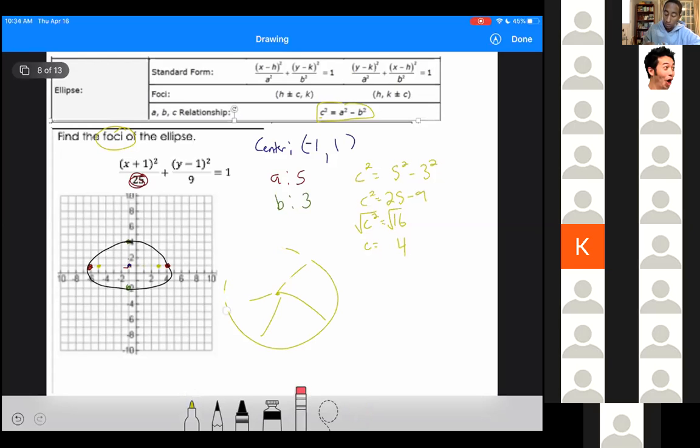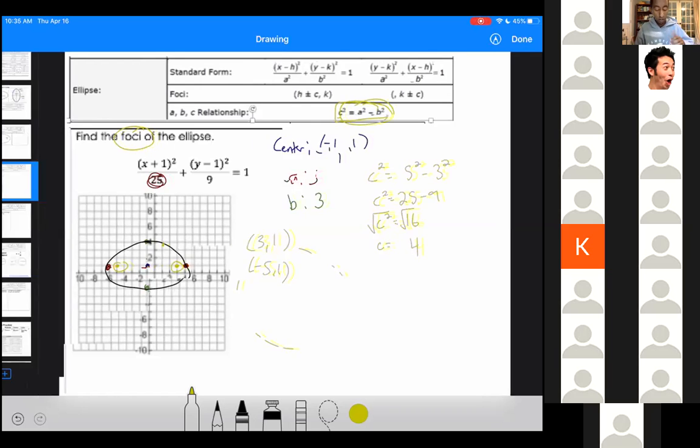But for an ellipse, all the points have an equal sum of the distances to the two foci. So our foci will end up being (3, 1) and (-5, 1). Okay, so that's how you use that last equation of the relationship between A, B, and C, and that's how you find the foci.